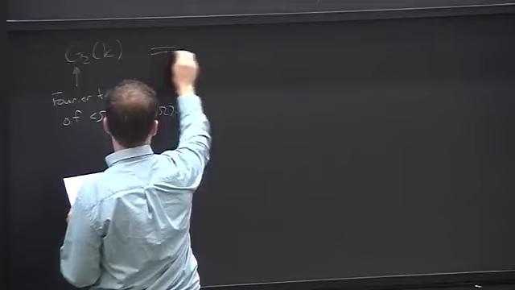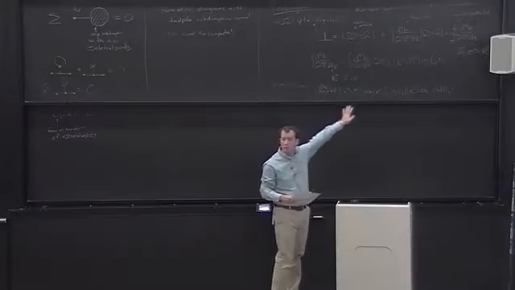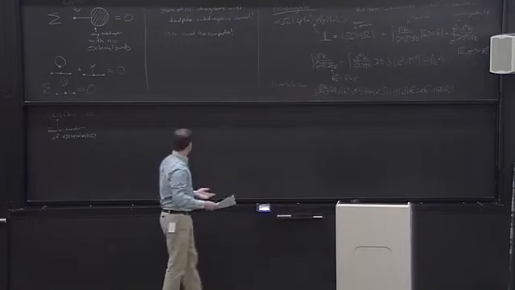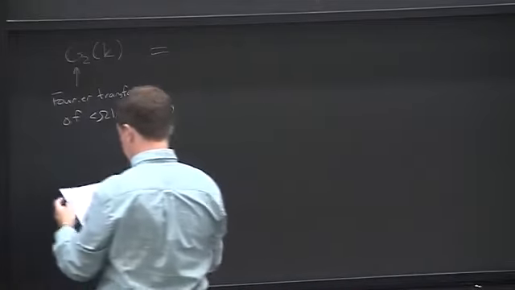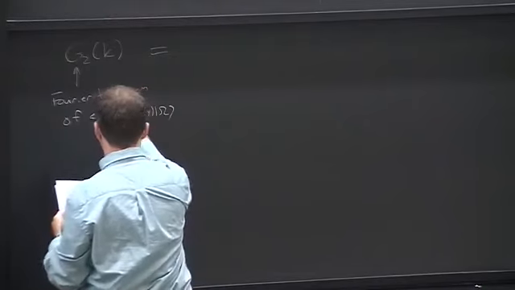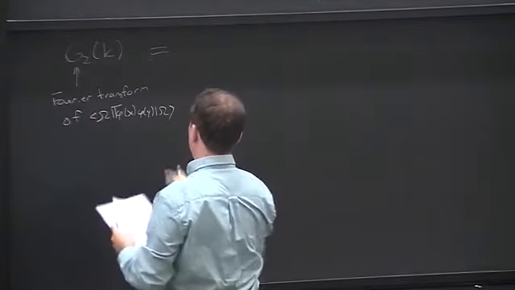This should be equal to the one-particle term, if we combine it with the two different time-ordered pieces. Sorry, there should be a time ordering here, or a transform of the time-ordered product.